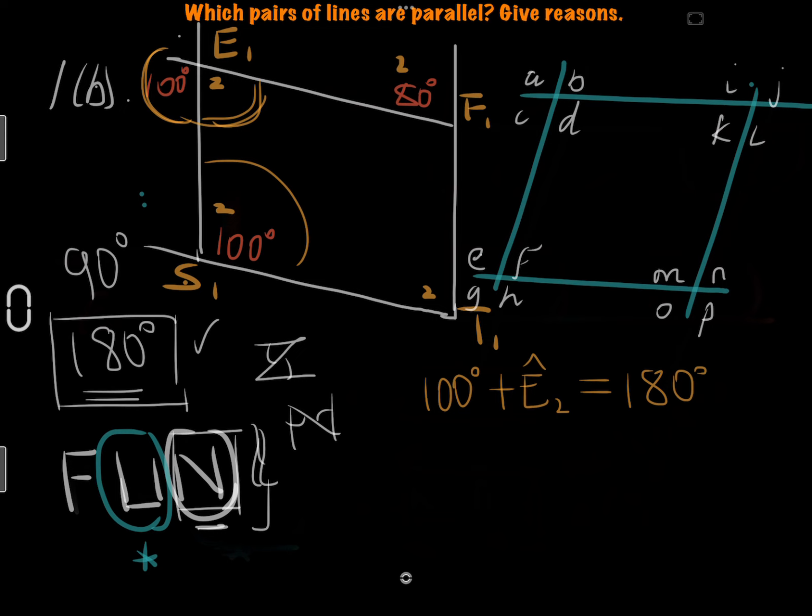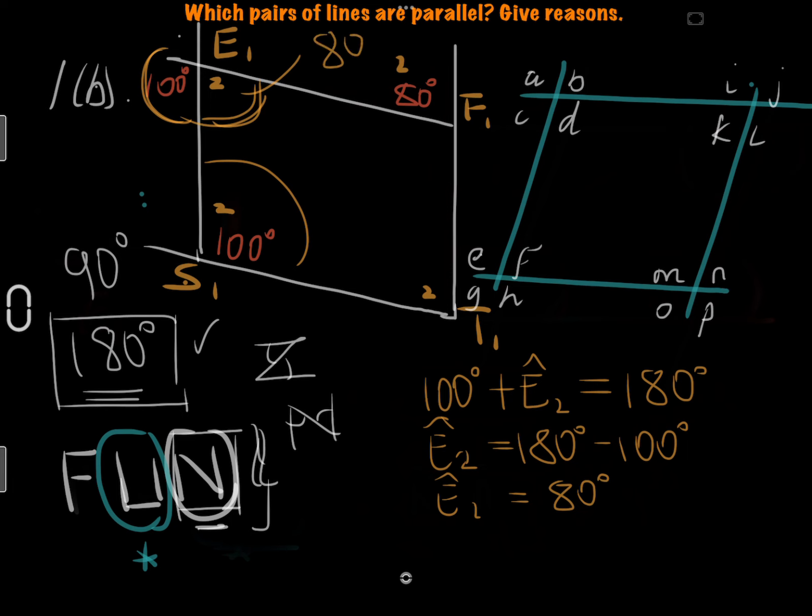We simply make E2 the subject of the formula: E2 is equal to 180 degrees minus 100. 180 subtract 100 gives us 80 degrees, which means that E2 is equal to 80 degrees. Now we found that angle to be 80 degrees.